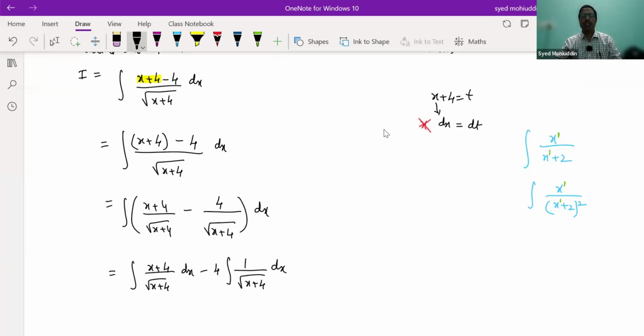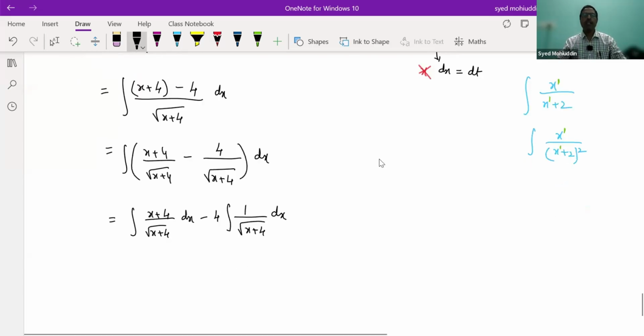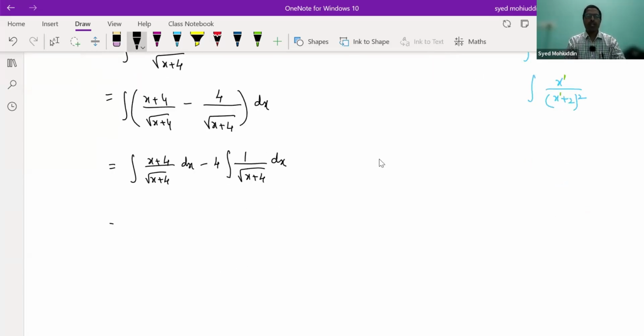The numerator x plus 4 can be written as root of x plus 4 into root of x plus 4, divided by root of x plus 4 into dx, minus 4 times 1 by root of x plus 4 into dx.